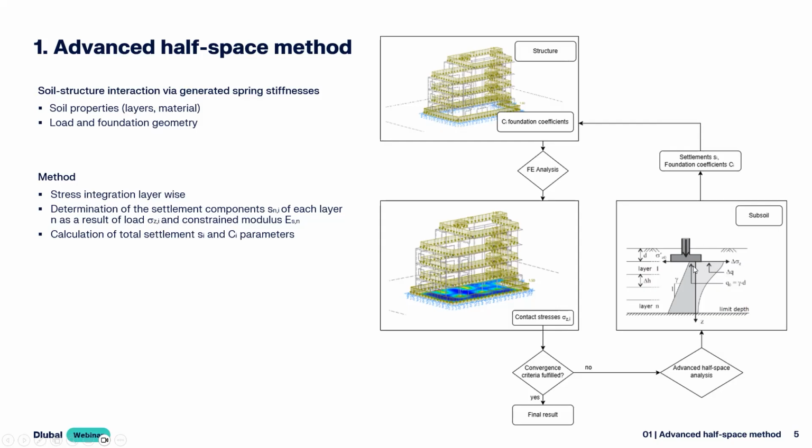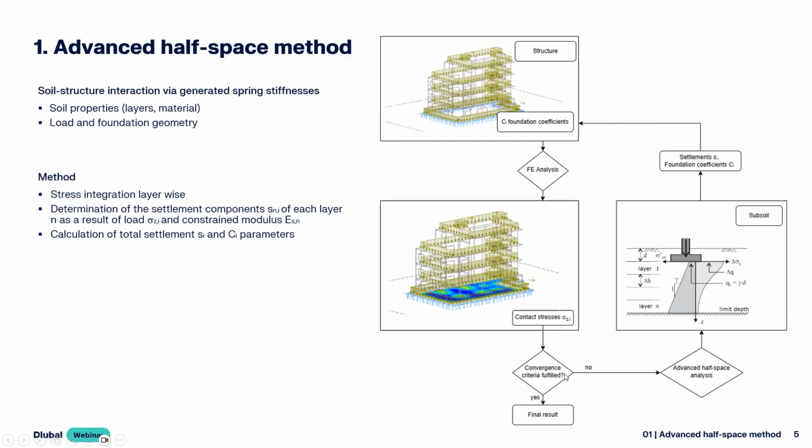At first settlements layer-wise, and then the total settlement of all layers together, and then the foundation coefficients are calculated. Then these foundation coefficients go here to the model, and our surface support and also line supports are updated. And then the next finite element analysis is started, and we have new contact stresses as the stiffnesses were a bit different. And then the convergence criteria is checked.